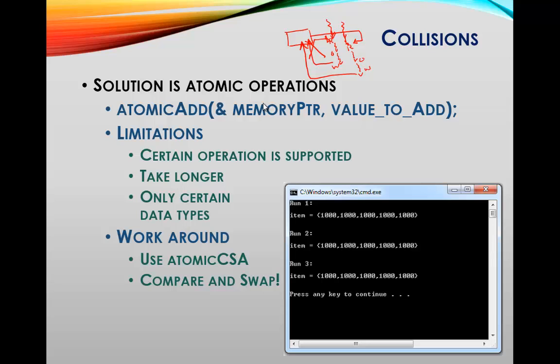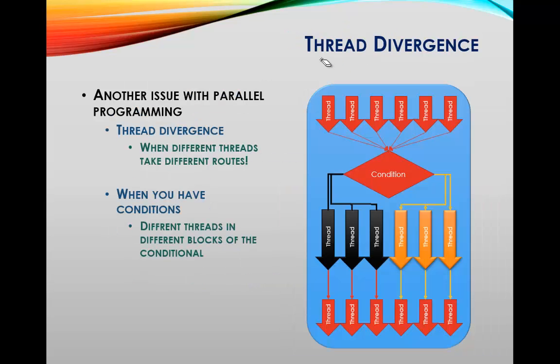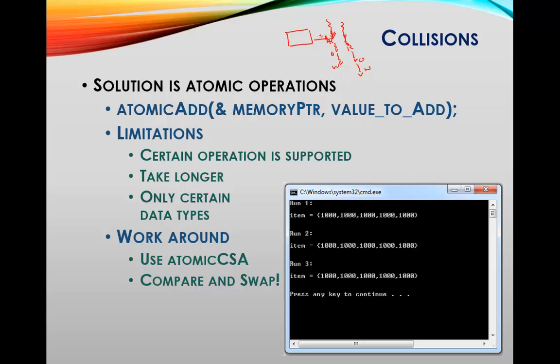To solve this, I can prevent the second thread from accessing the memory while the first thread is working on it. Suppose the first thread makes a read request to the memory unit. With the atomic operation, it puts a lock on the memory unit.